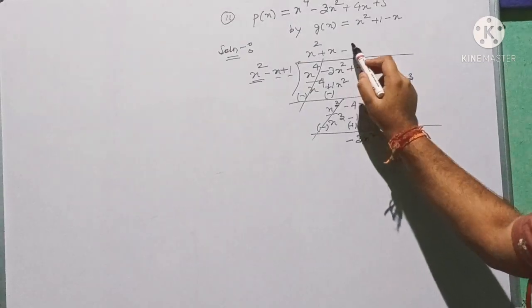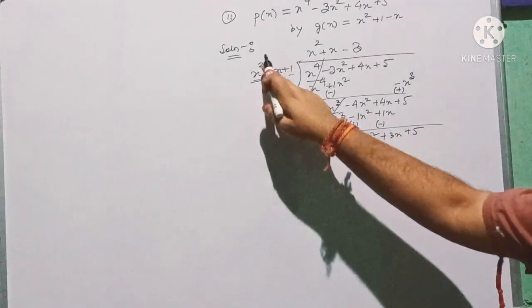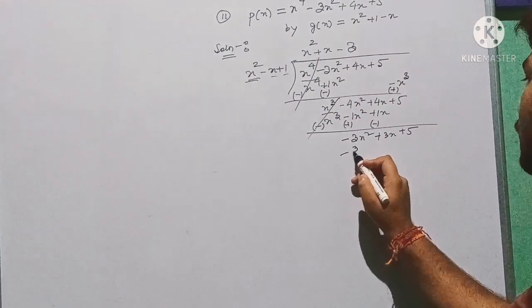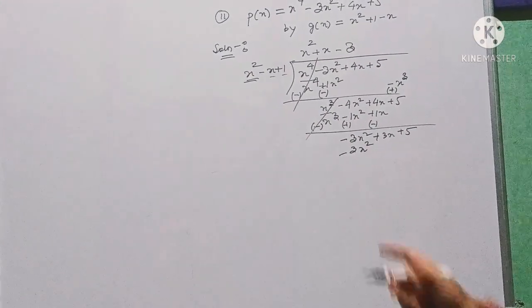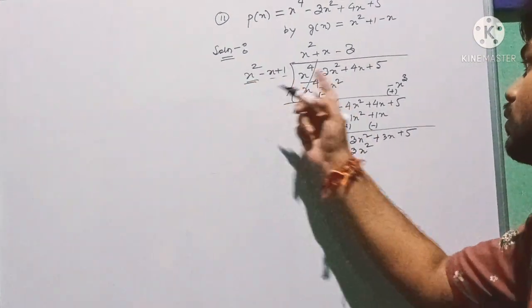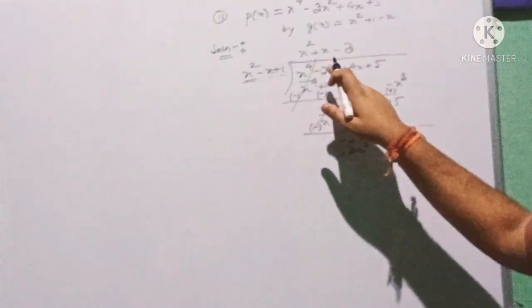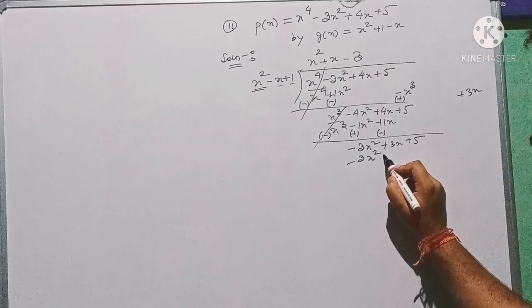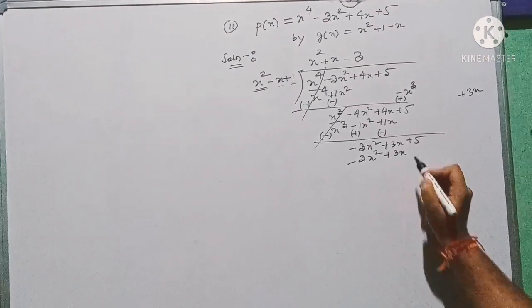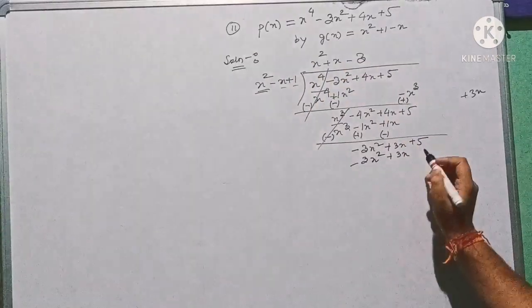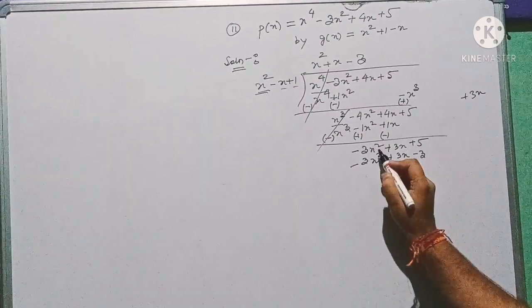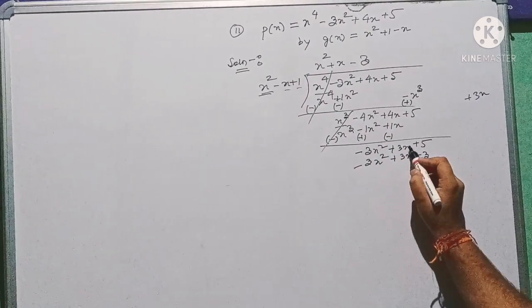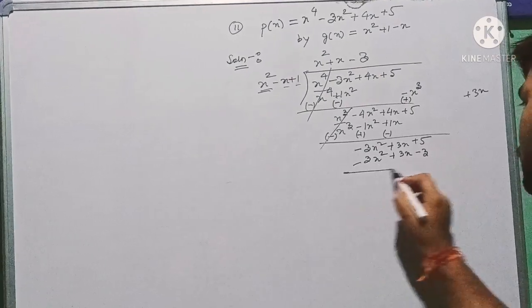So you have to supply a minus 3, so that x square into minus 3 is minus 3x square. Whatever you do with this, you have to do with the other two terms also. So minus x into minus 3 is plus 3x. You put this plus 3x below this 3x. And 1 into minus 3 is minus 3. You see x square below x square, x below x, and constant term below the constant term.